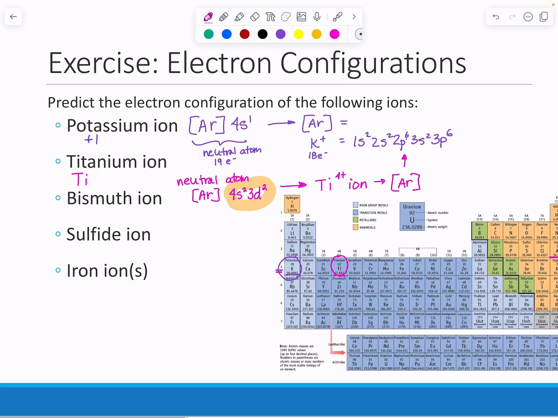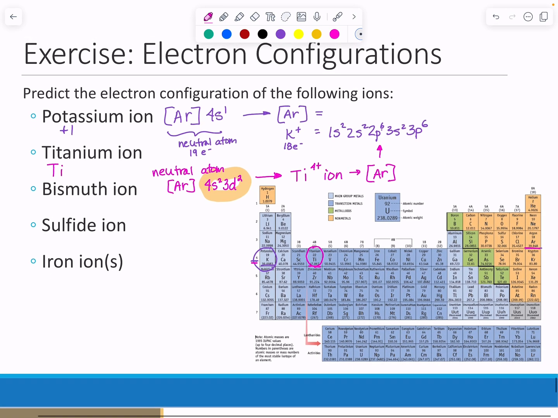All right. So now let's talk about bismuth. Okay. So bismuth is going to be down here on the periodic table. It is a metal that's in group 5A. So remember that this one is going to lose electrons to get to the electron configuration of mercury.